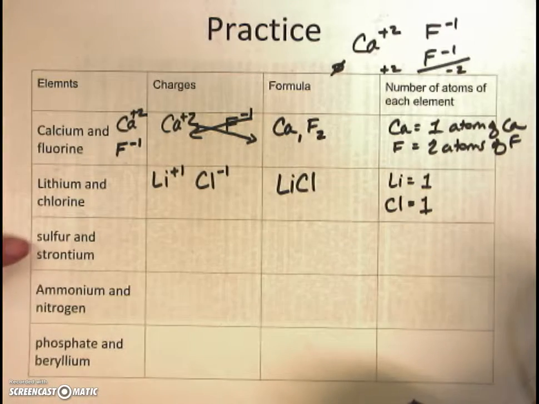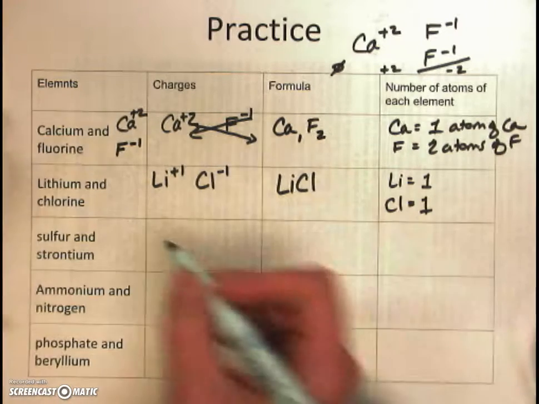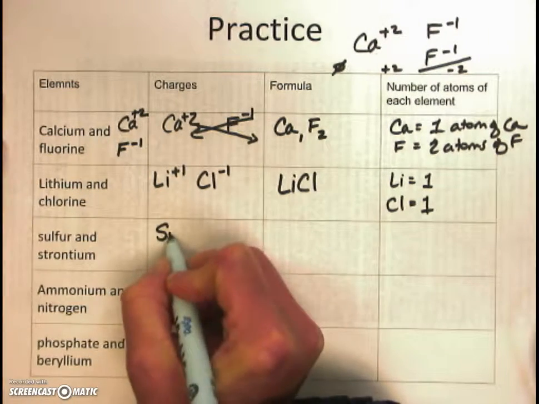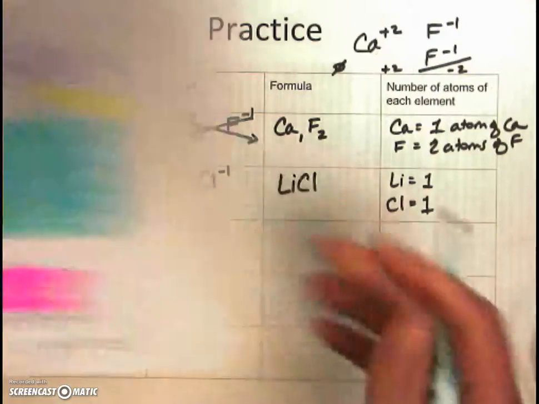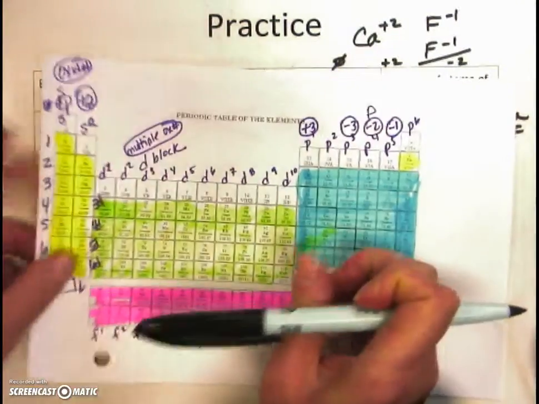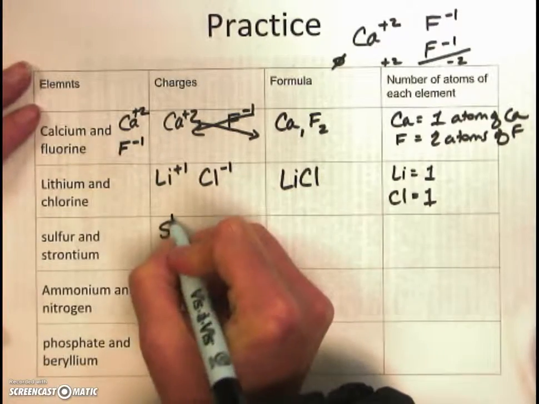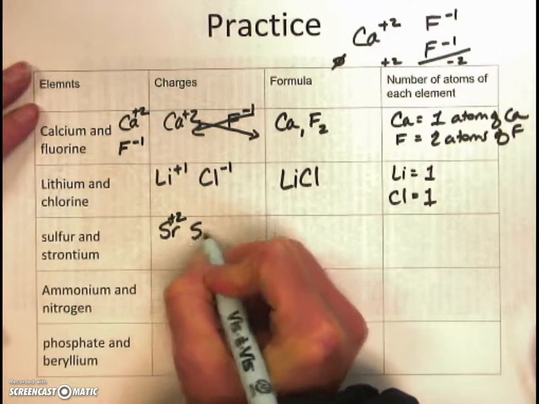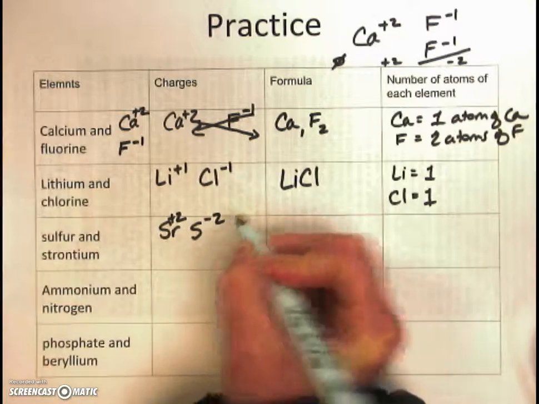Strontium and sulfur. Now remember, I said you need to write the cation first, and the cation is what is formed by the metal. Strontium is an alkaline earth metal, so it is going to have a +2 charge, and sulfur is going to have a -2 charge.